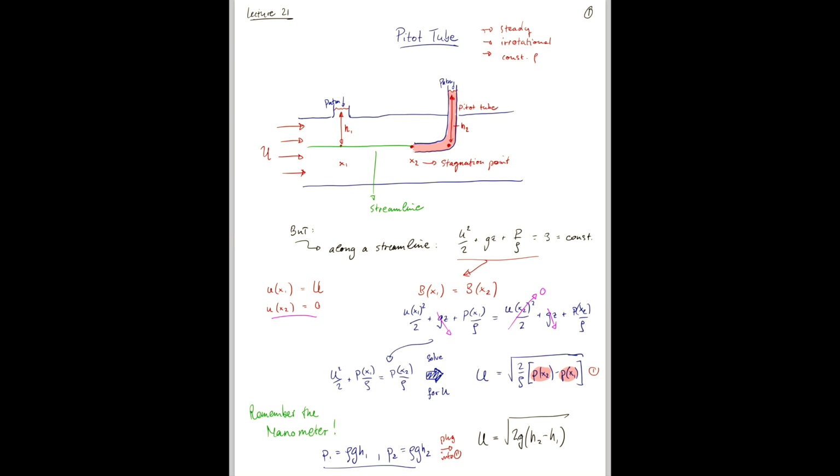And so if you can measure this distance here, d, that's typically the only thing that you need to measure if you have an open surface. And then you can infer how fast your flow is, or how fast your boat goes. And that is the concept of the Pitot tube.